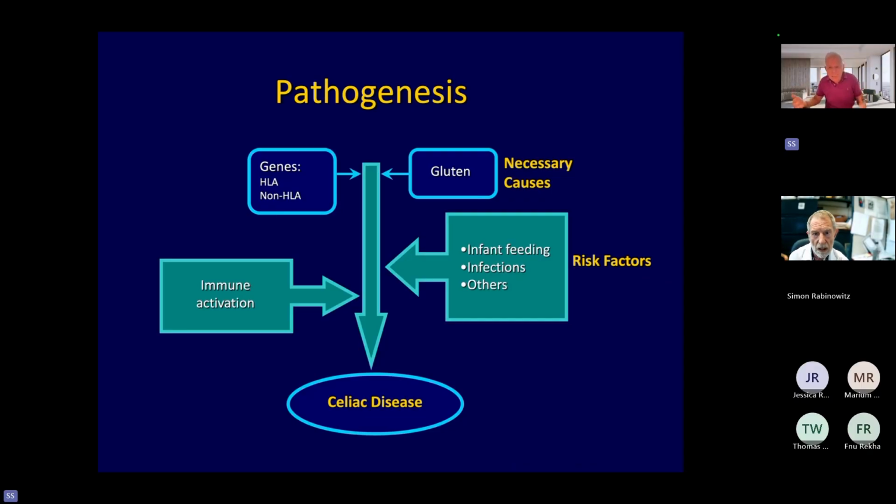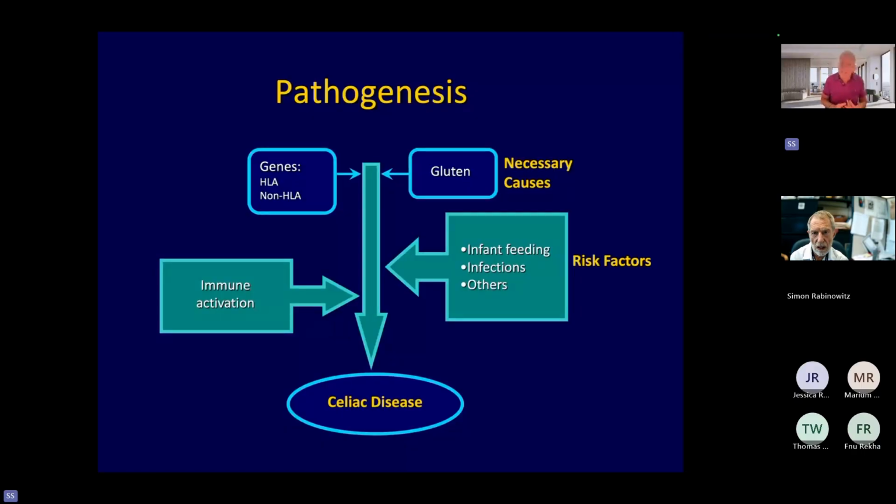So we talked a little bit about the pathogenesis, particularly as involved HLA typing. So it involves genes, here HLA and non-HLA genes. Gluten obviously is required. You can't have the expression of the disease either serologically or histopathologically unless you're exposed to gluten. And what happens? Well, we know that the infant gut is more permeable. It would be a consequence of regular infant feeding practices.